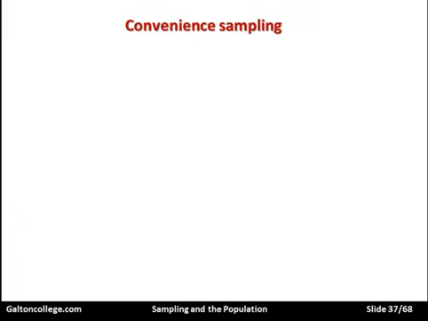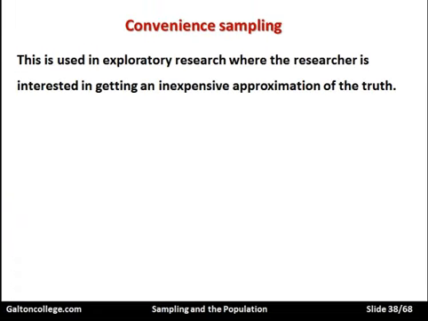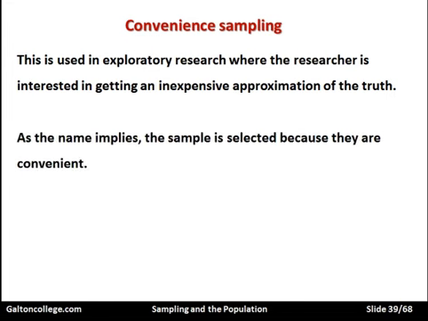Now let's look at convenience sampling. This is used in exploratory research where the researcher is interested in getting an inexpensive approximation of the truth. It's convenience. It's inexpensive and they're getting a rough idea about what actually the truth is in terms of the population characteristics. As the name implies, the sample is selected because they are convenient.